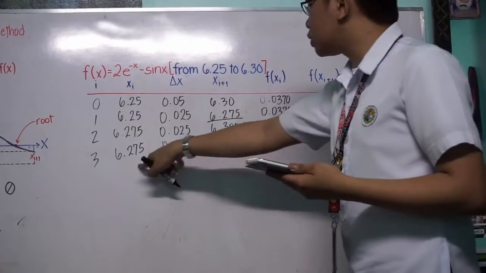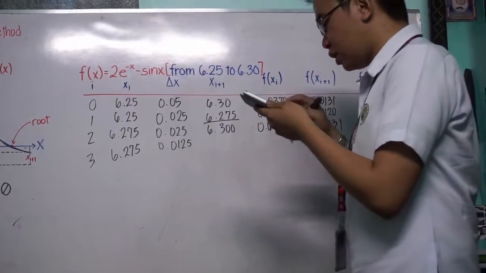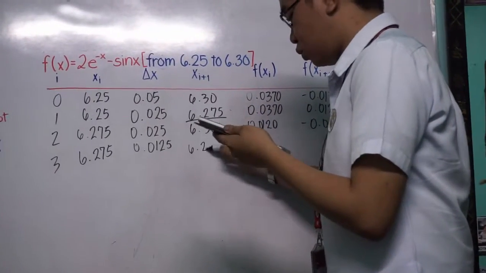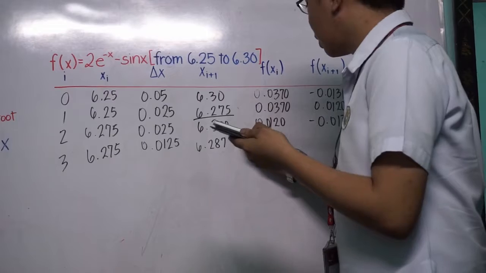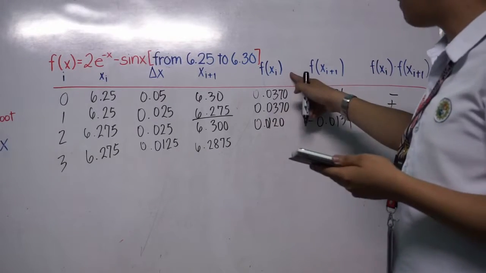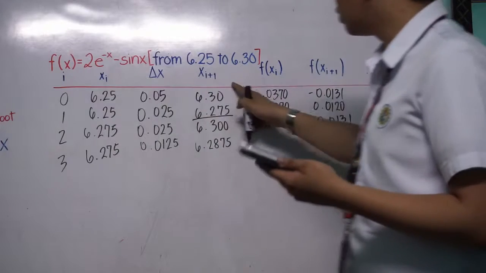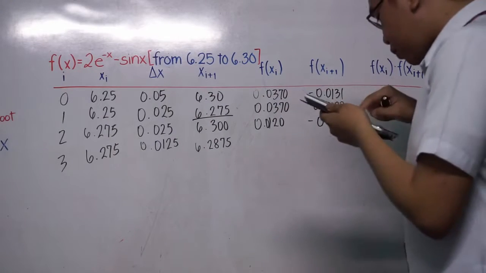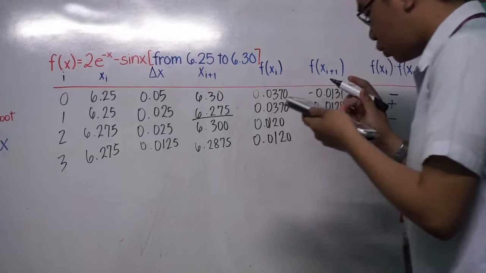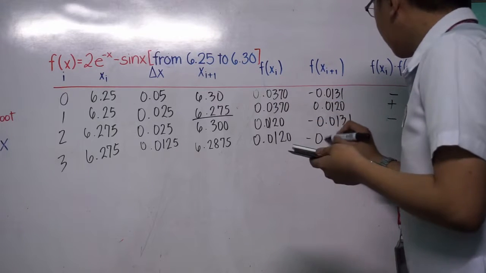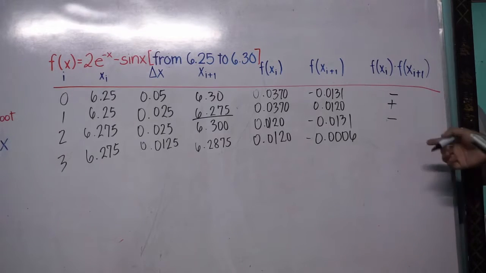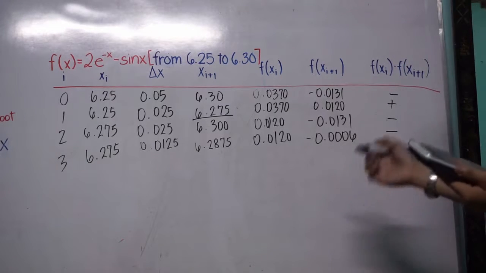The sum of these two generates x_i+1, which is 6.2875. Finding the equivalent f of x of these two, we have 0.0120 and negative 0.0006, which will again have a negative sign when multiplying.